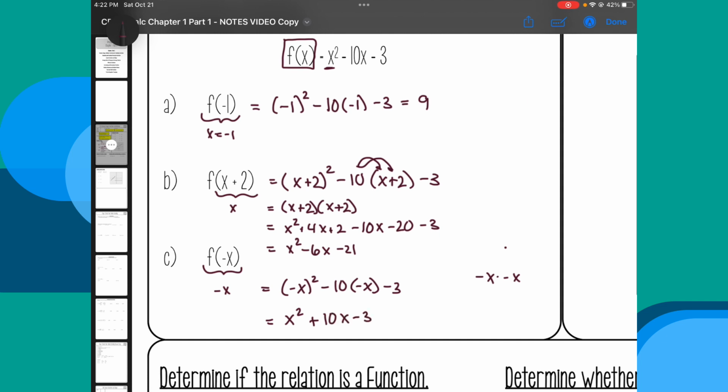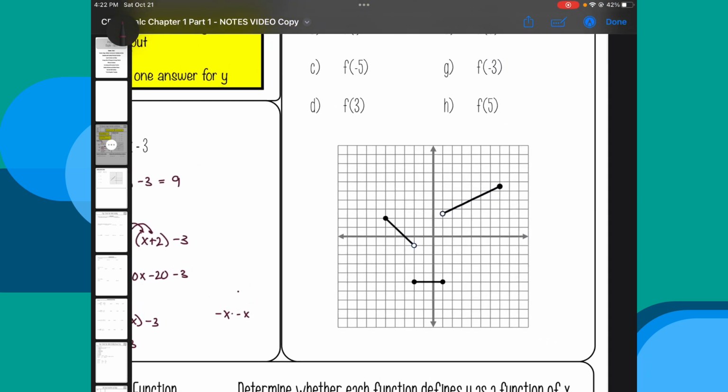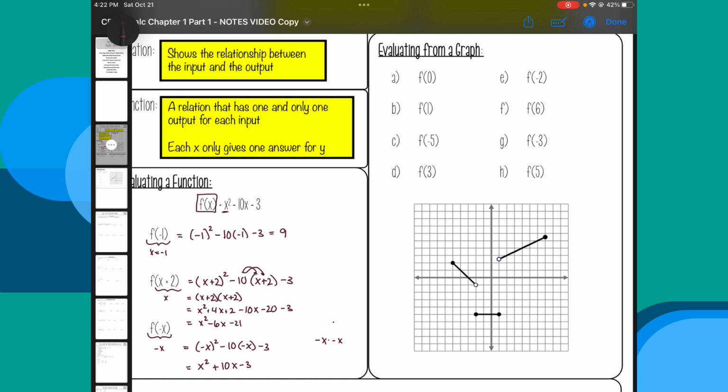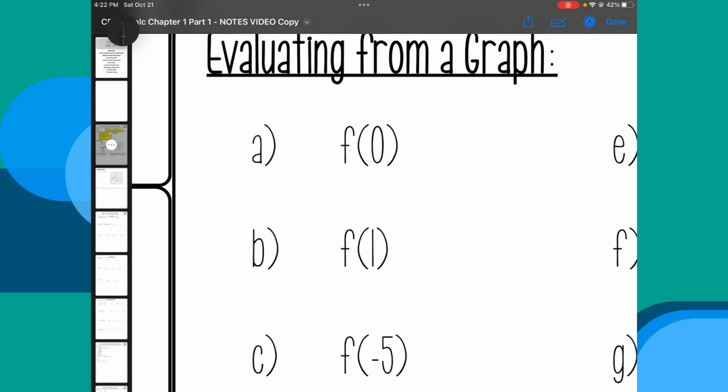So one way you can evaluate a function is plugging into the function. The other way that you can evaluate a function is from the graph. So let's do a couple of those. So when we're evaluating from a graph, we need to remember that this whole thing is y, and it's asking us, what is y?